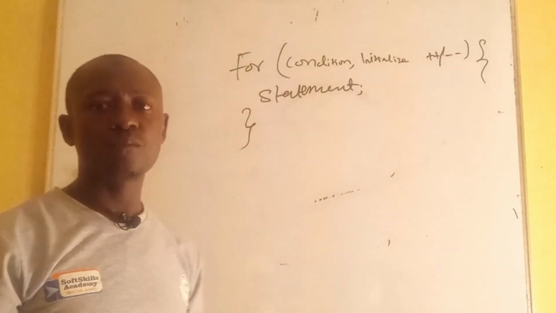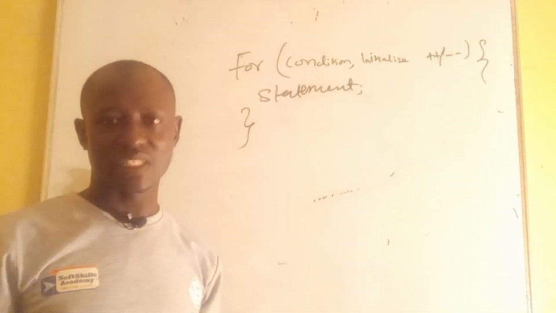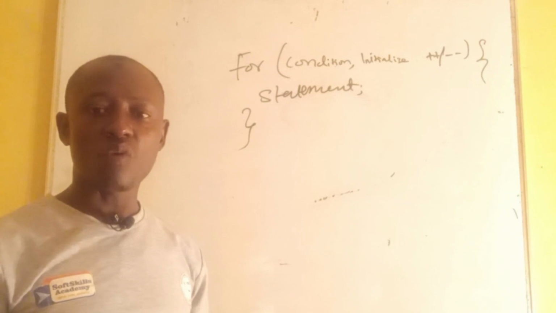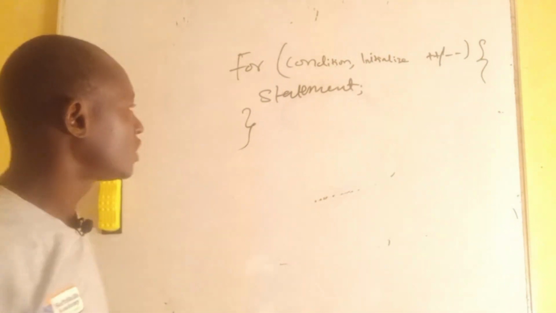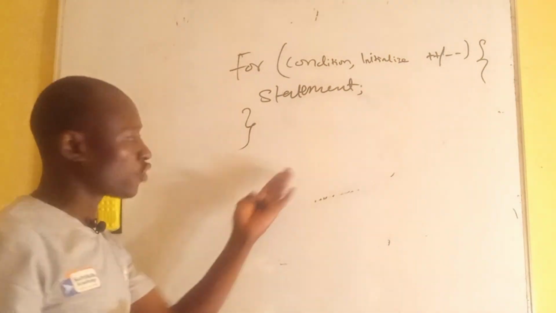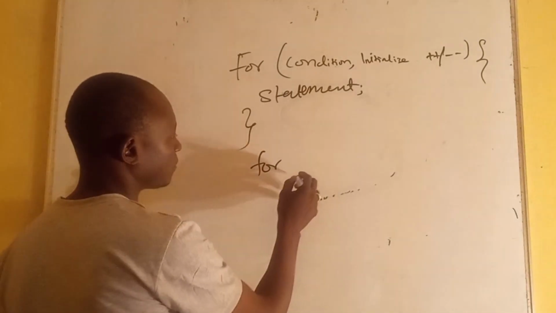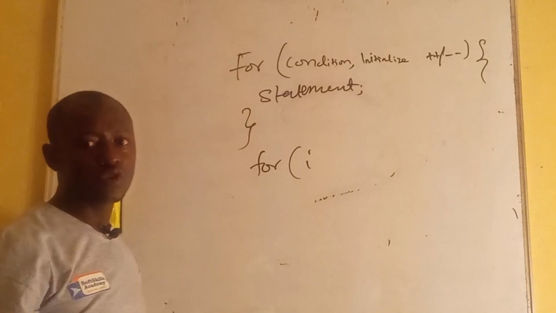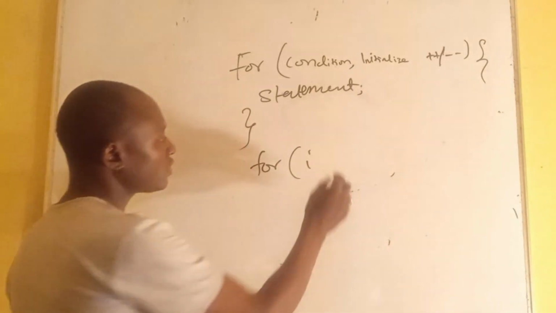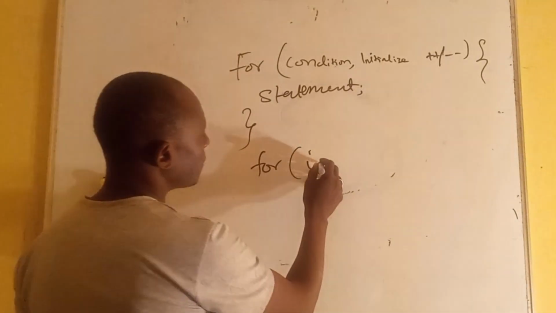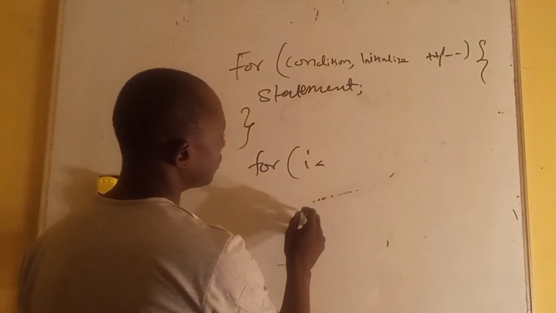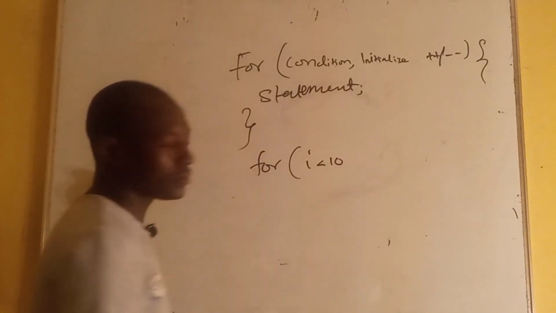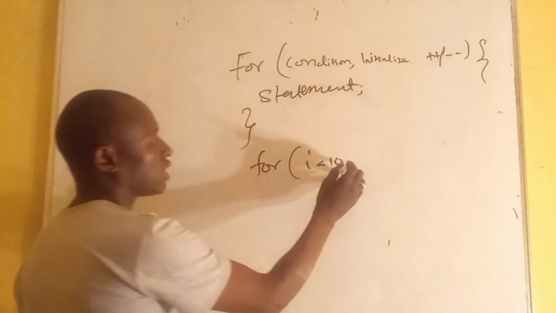That is to say, if you want to set a counter, like a serial number or anything like that, you can continue to say it. We can decide to write code for this. Our condition is if I is less than 10.